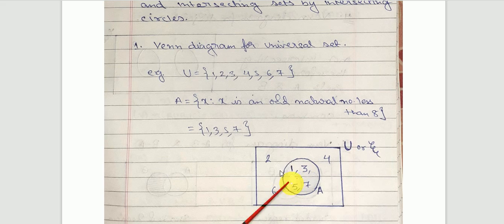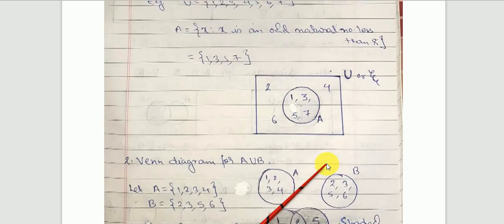In total, there are 7 elements lying within the rectangle, so these are members of the universal set, and the ones lying within the circle are in set A.